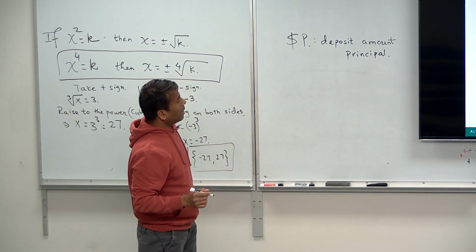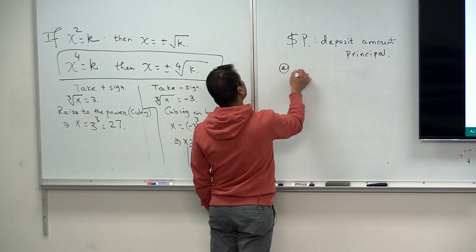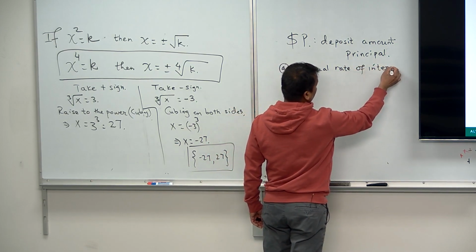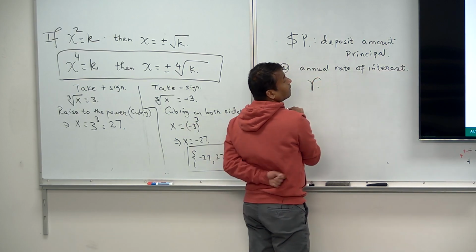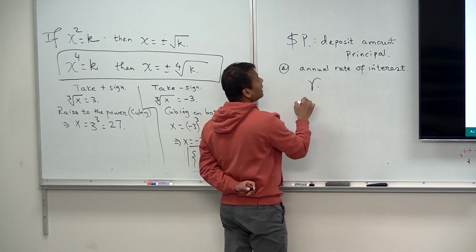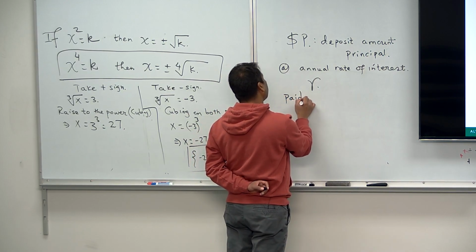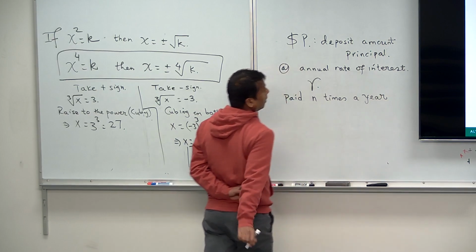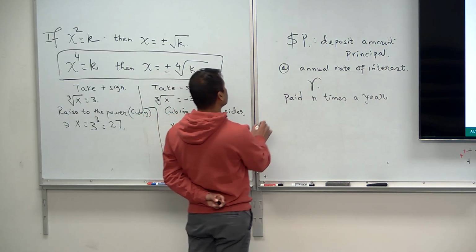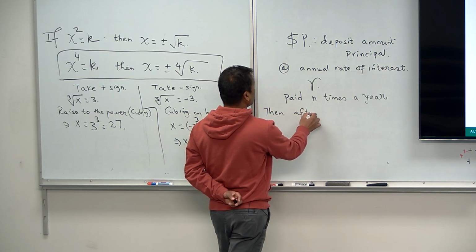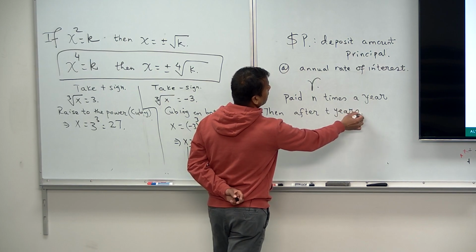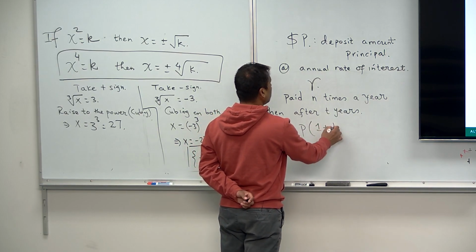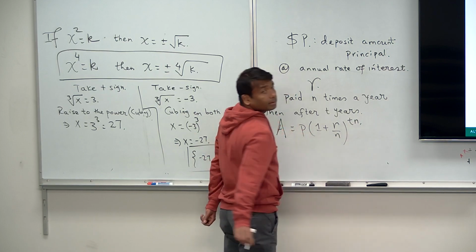And at an annual rate of interest R, and this annual rate of interest is paid n times a year, then after t years, the amount A will equal P times 1 plus R over N, raised to the power tn.